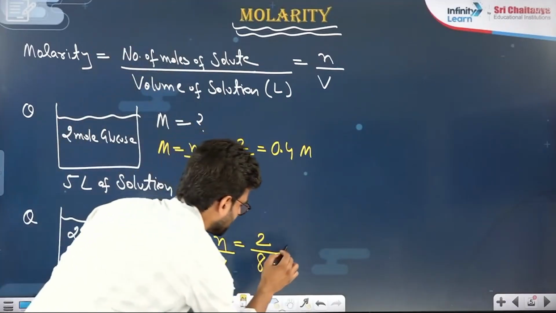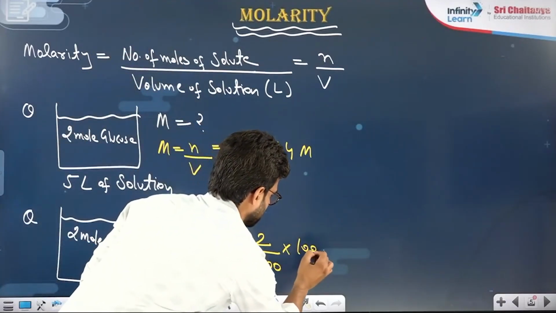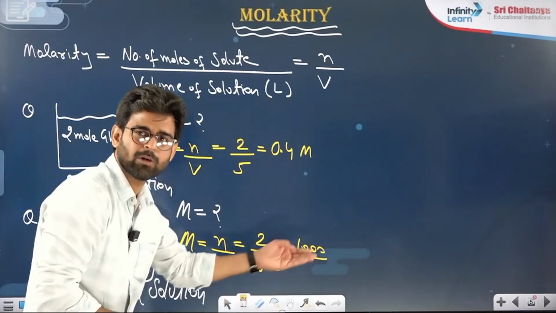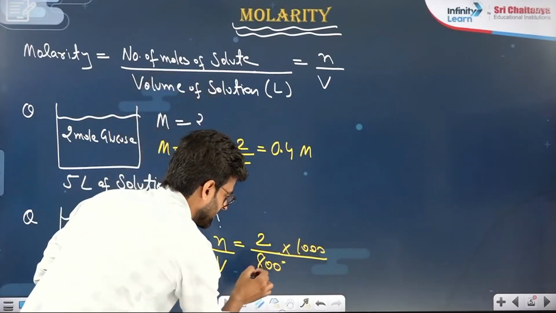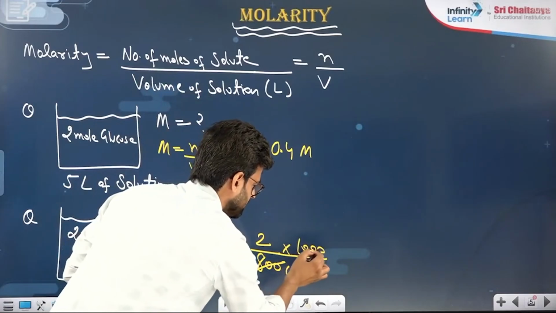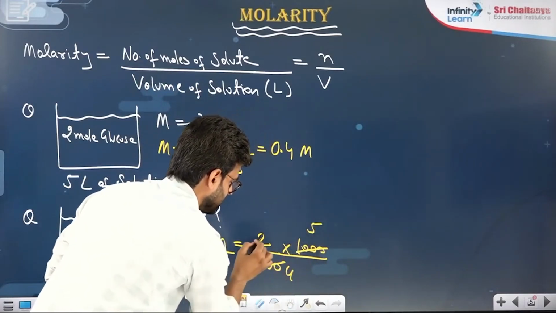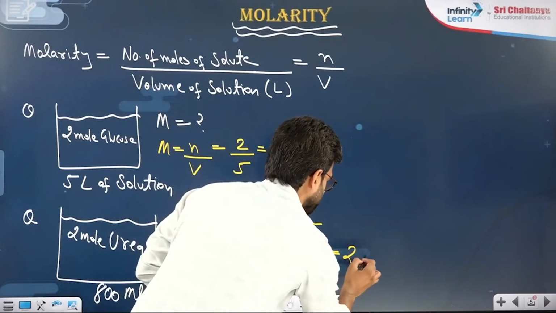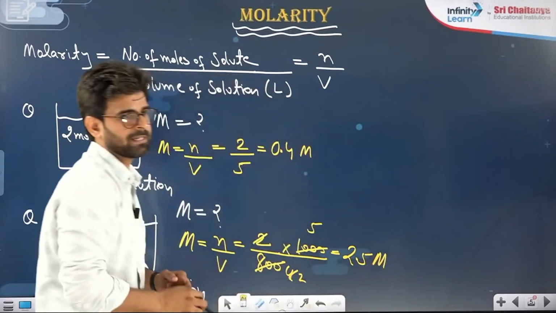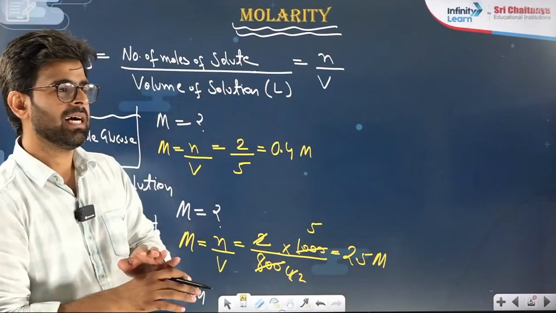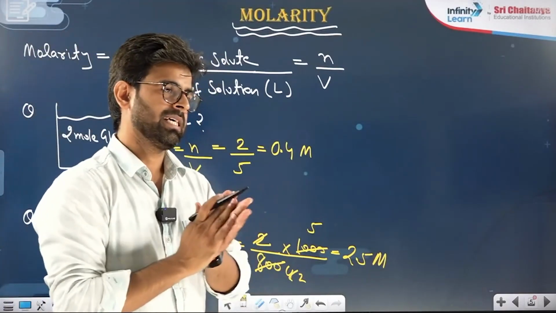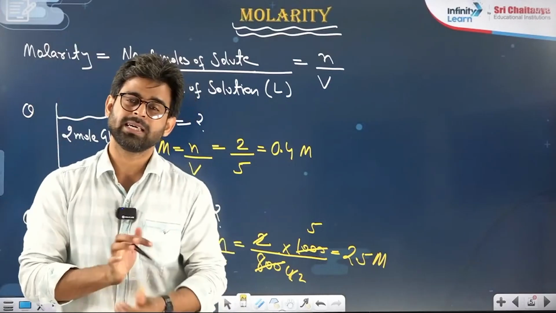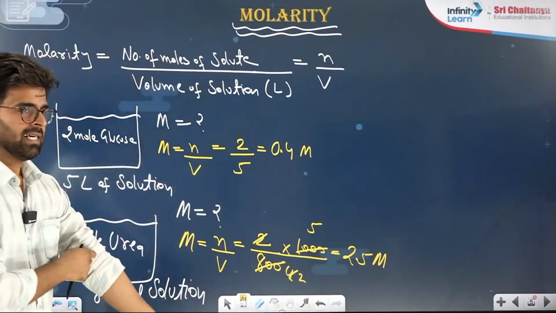So I will divide 800 by 1000. 800 divided by 1000 will go upside. If you solve, 5 by 2, how much is coming? 2.5 molar. Very good. Most of you are giving the right answer. It's 2.5. Clear?